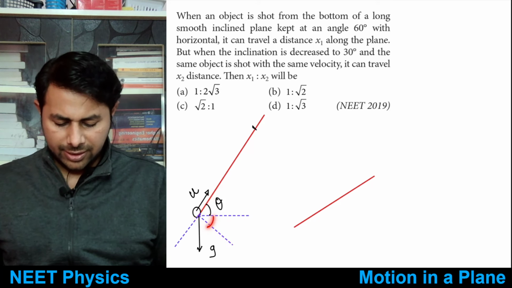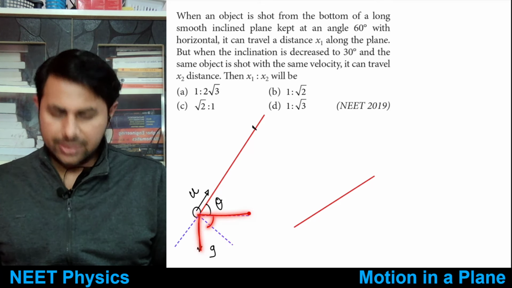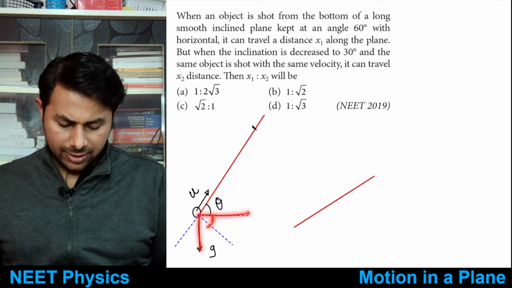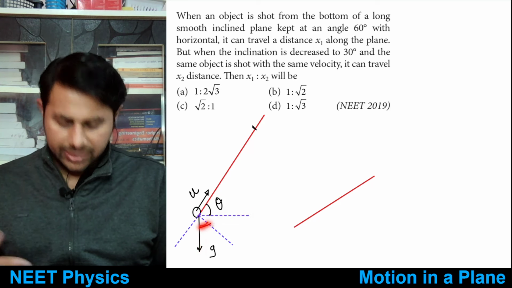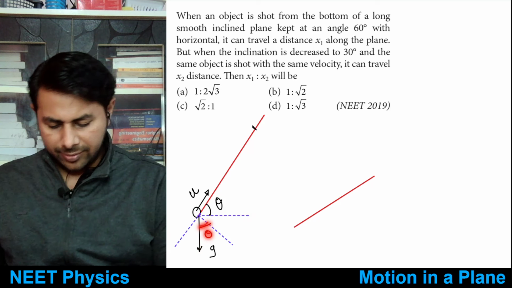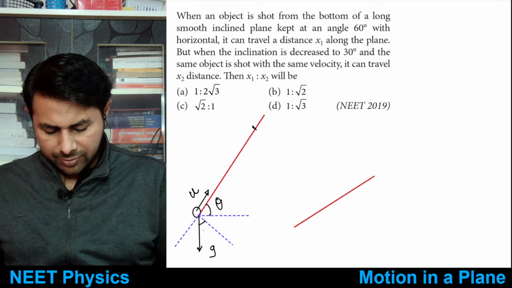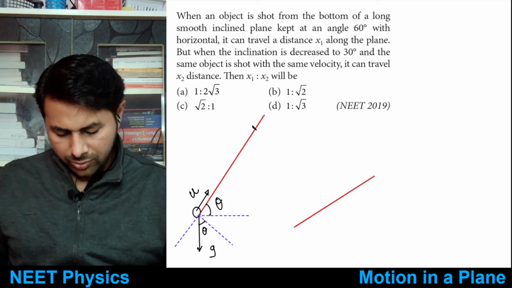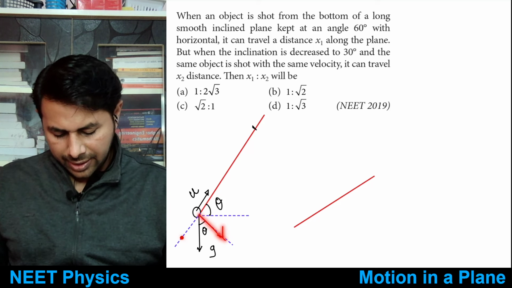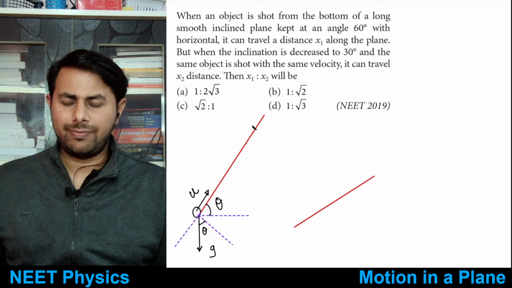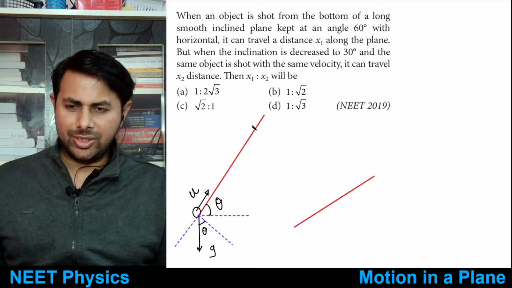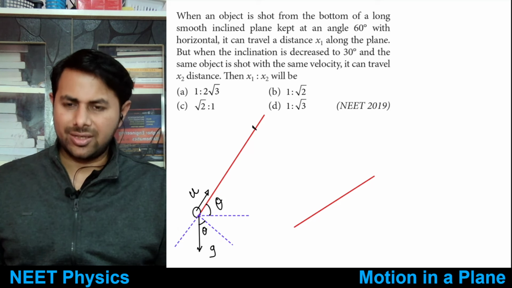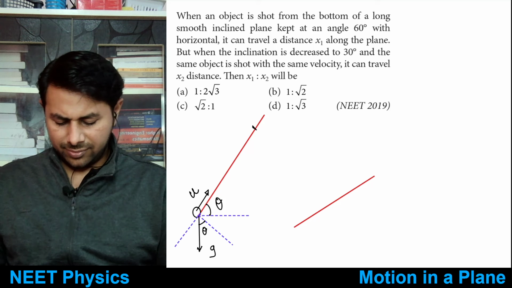Right, this thing is clear. Again, this angle is 90 degrees, this is 90 minus theta. So what will this angle be? This is equal to theta. Now can you tell me the two components, this component and this component, which one will be g cos theta, which one will be g sin theta?